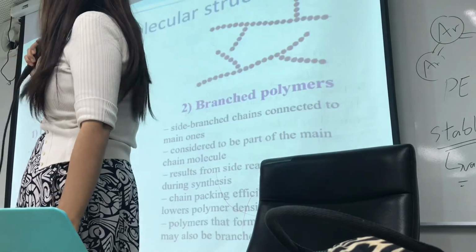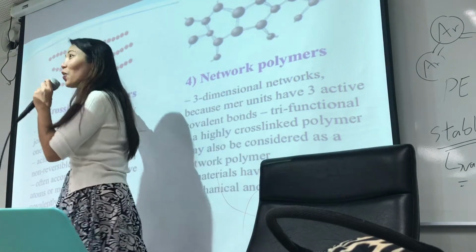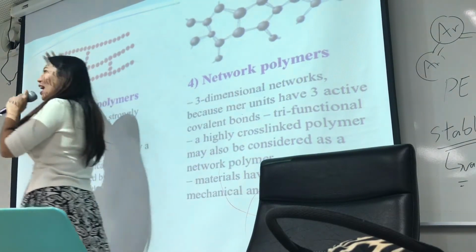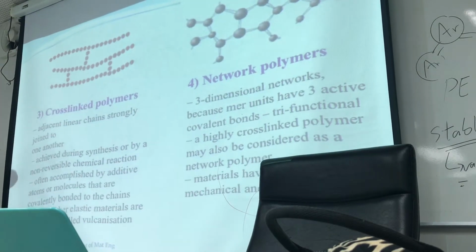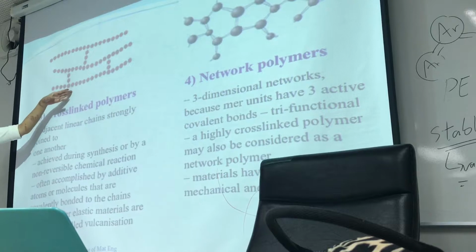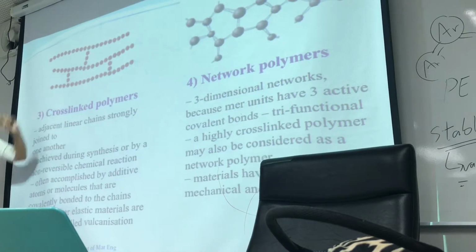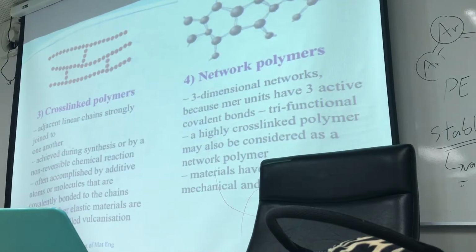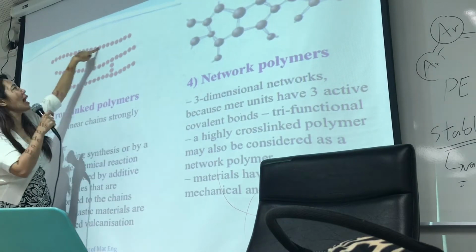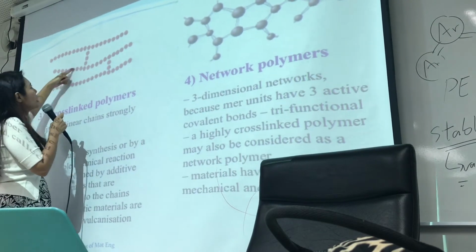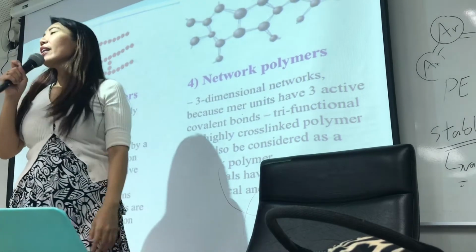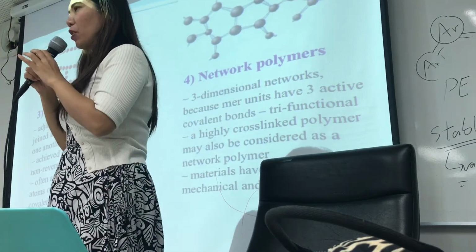I told you that this kind of cross-link, using a chain as a linkage, we see a lot in elastomer. And these are covalently bonded, covalent and covalent.